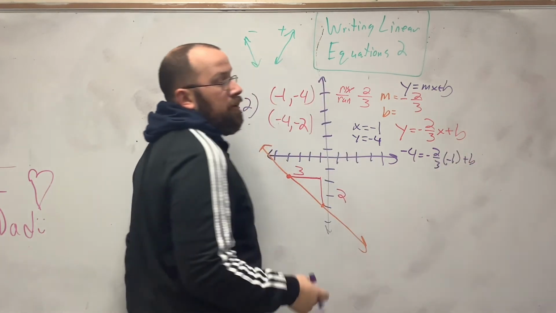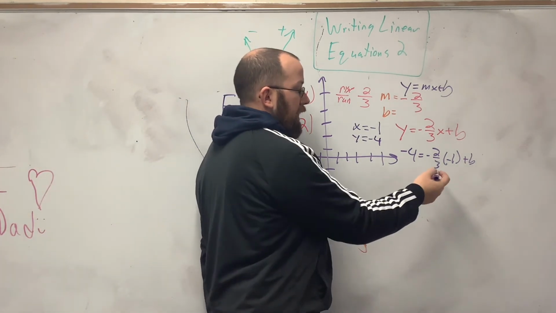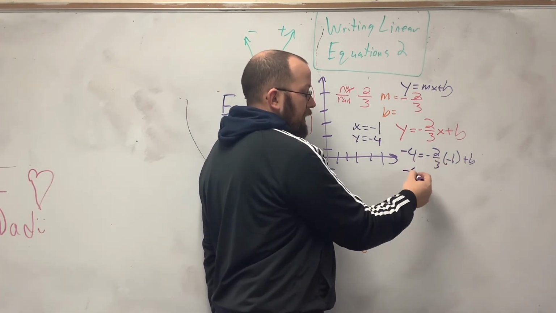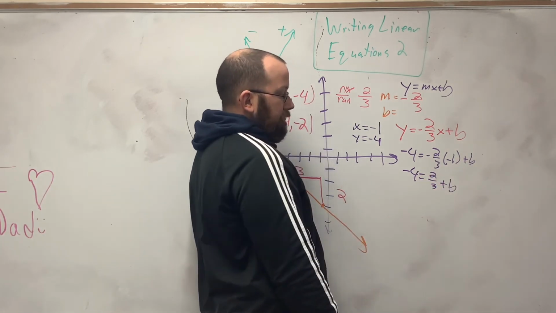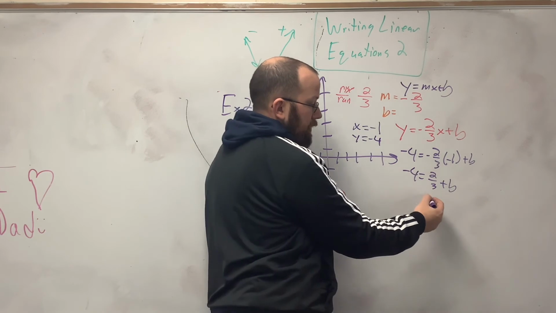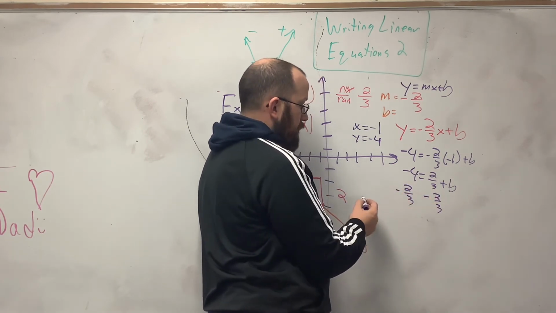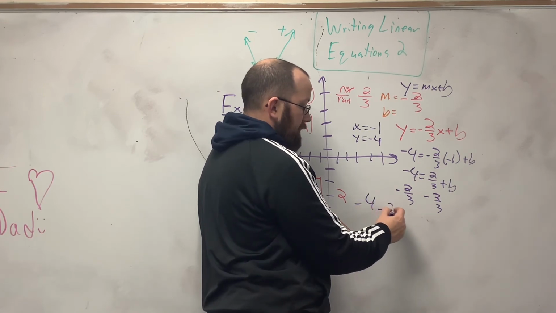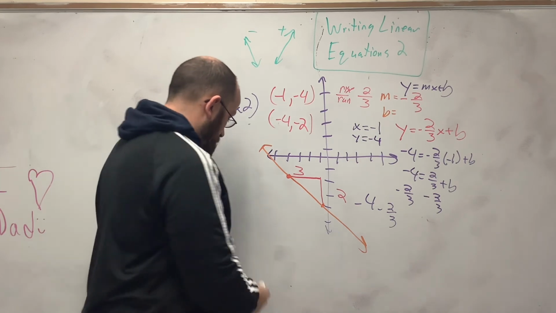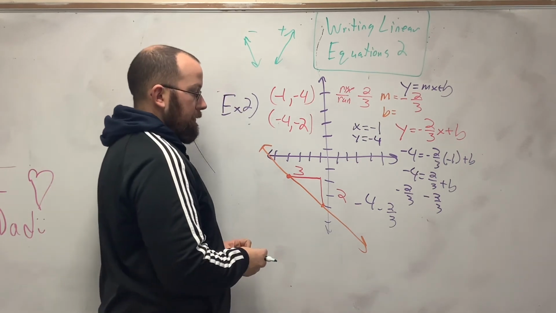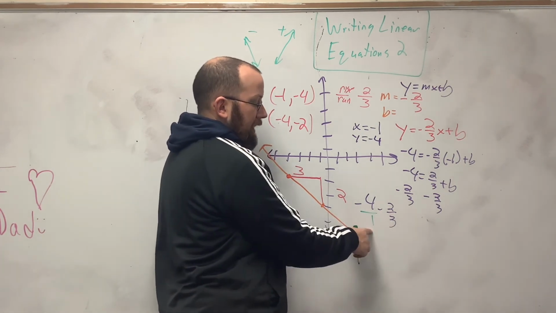Now b is the only thing left. If I solve this correctly, I will have my y-intercept. So -4 equals 2/3 plus b. Now I need to subtract 2/3 over. So -4 minus 2/3. This is a little bit of old stuff that you have to know. Since -4 is actually over 1, I have to make the denominators the same.